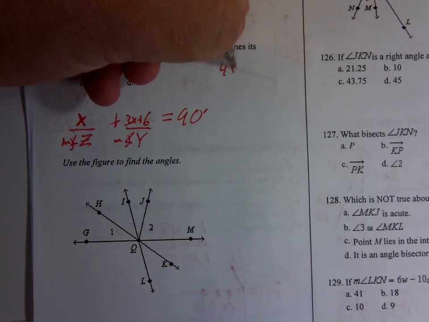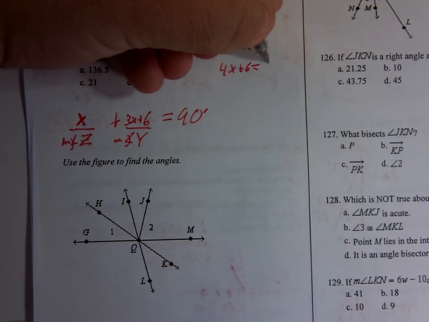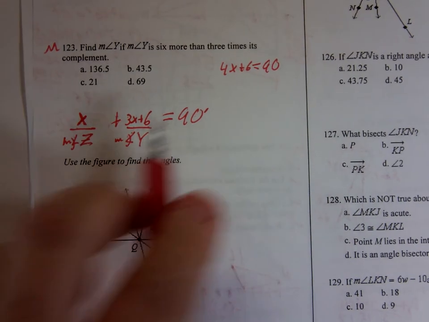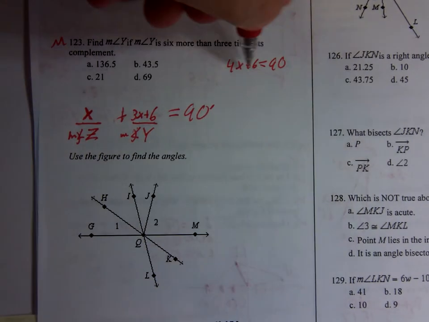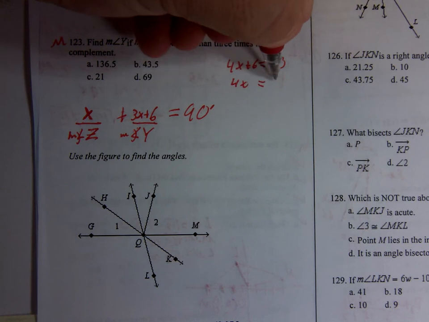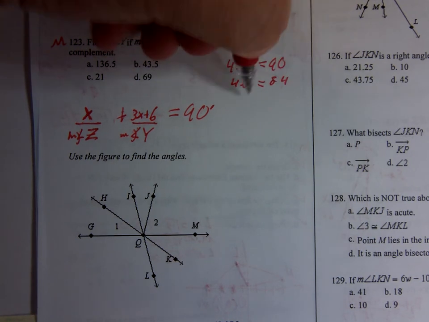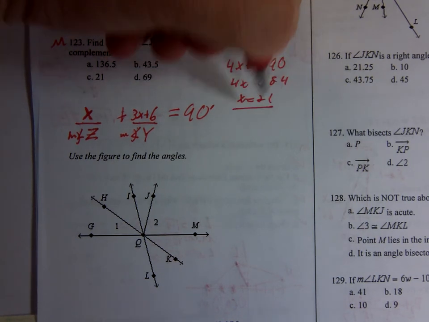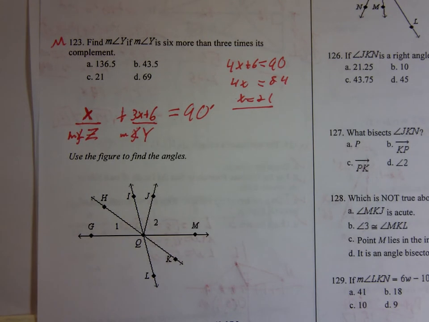I've already added the x to the 3x. That's how I got here. And then 4x equals 84. So x equals 21. Is that our answer? X equals 21. It's one of the answer choices. Yes, no? Oh, because we actually want to find angle y, don't we?